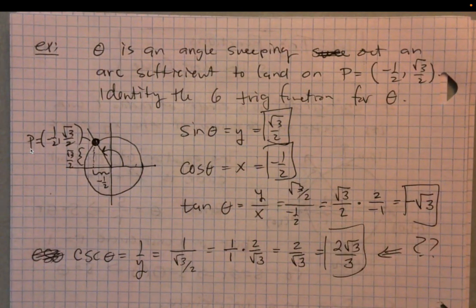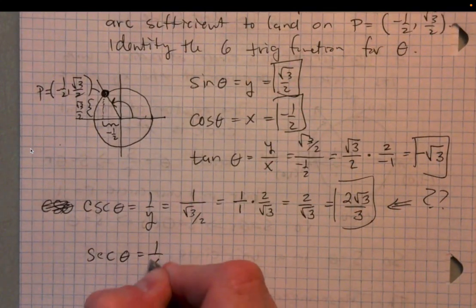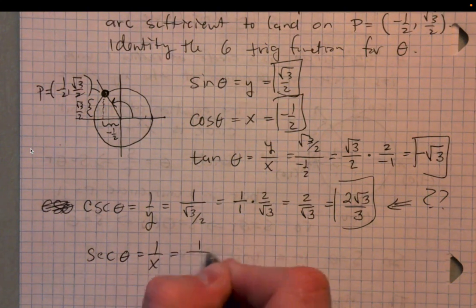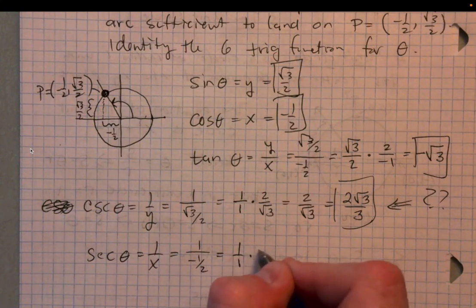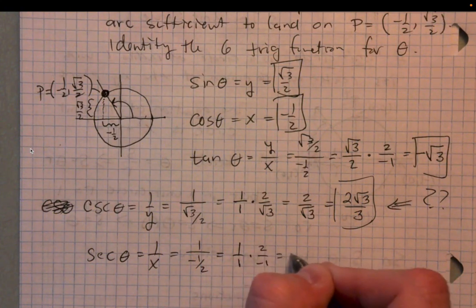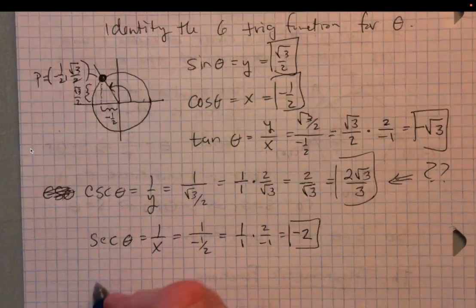All right, what about the secant of theta? Well, it's 1 over x, so that's 1 over -1/2. So you can think of that as 1 over 1 times 2 over -1, and so it's equal to -2. And finally, what about the cotangent of theta?